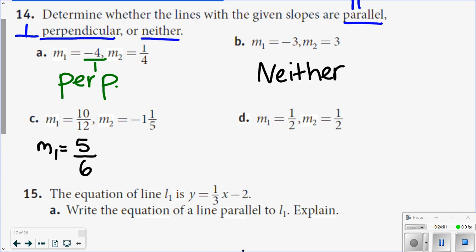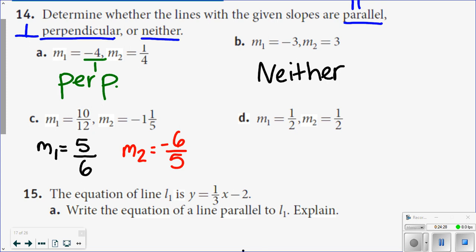All right, let's change this mixed number into an improper fraction. So 5 times 1 plus 1 is 6. So the second slope would be -6 over 5. Now look at them and say, are they parallel, perpendicular, or neither?